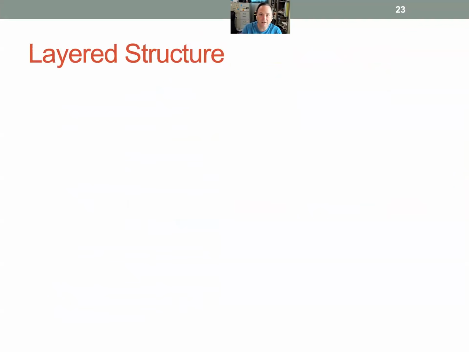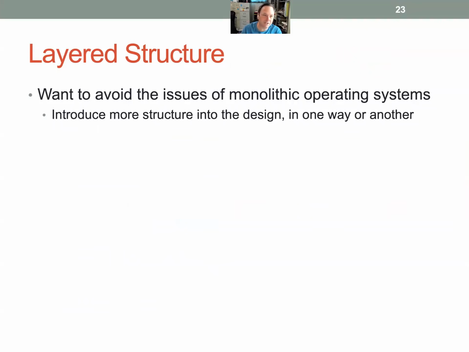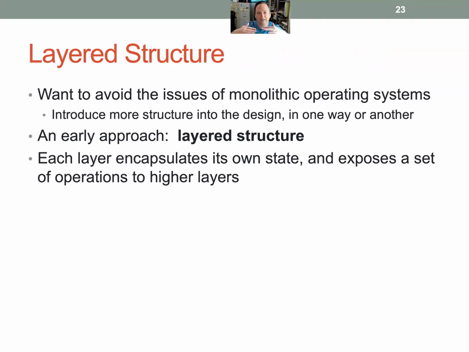All right, another structure is the layered structure or layered architecture. And this can be employed in a lot of contexts besides just operating system implementation. But there was a specific experiment done with building a layered architecture operating system, where basically every layer exposes an API, and the layer above can only interact with the layer below through the API.